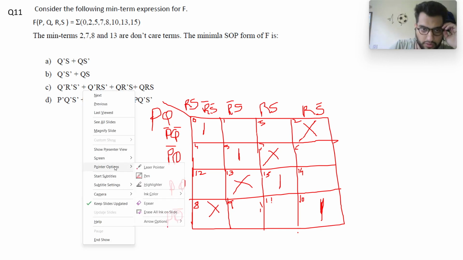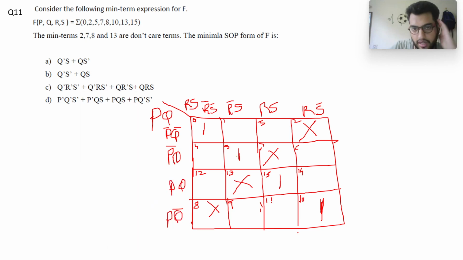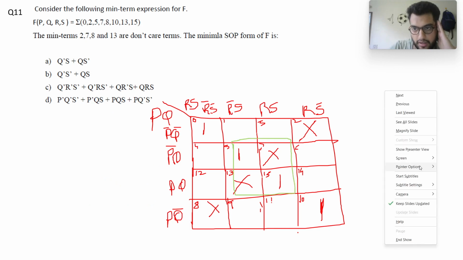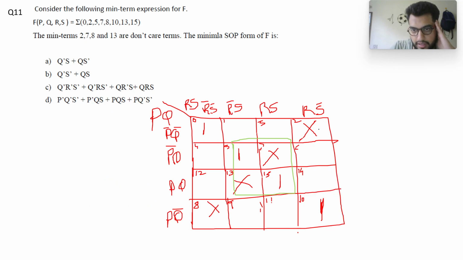So what we can do, we can have a quad like this, and also another quad like this, covering the corner.